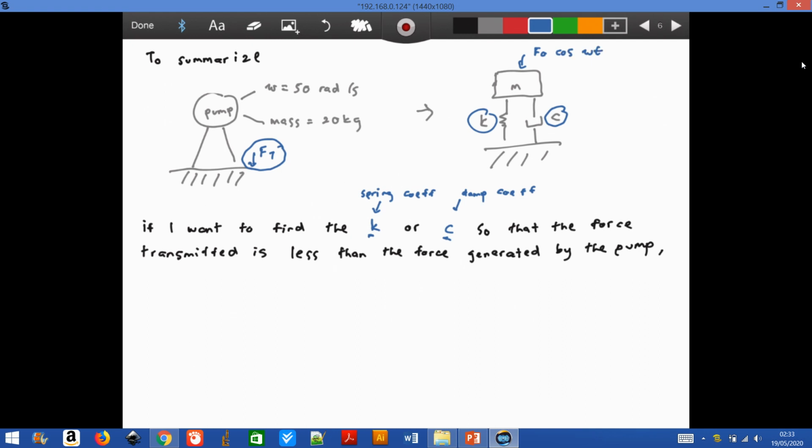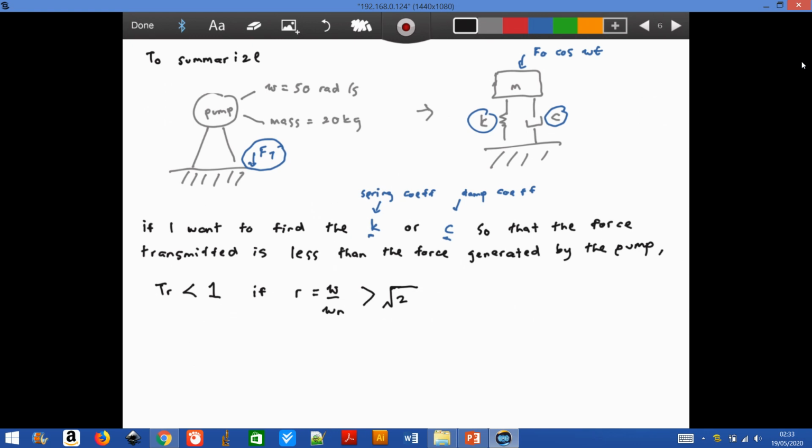Okay, so I need to make sure that the transmissibility ratio is less than 1 if the frequency ratio omega over omega n is over square root of 2.